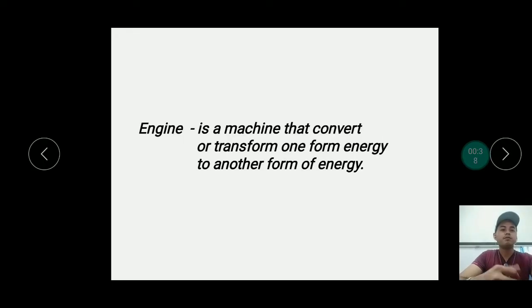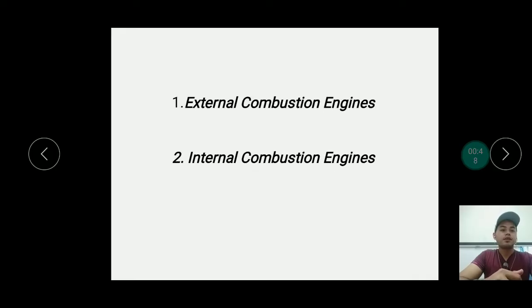So, here we go. An engine is a machine that converts or transforms one form of energy to another form of energy. There are two types of engines, the external combustion engine and the internal combustion engine.